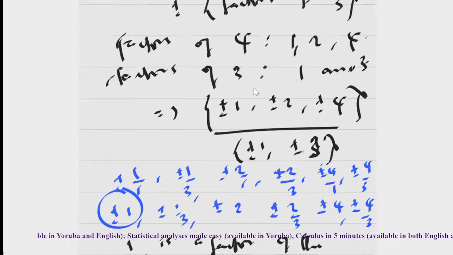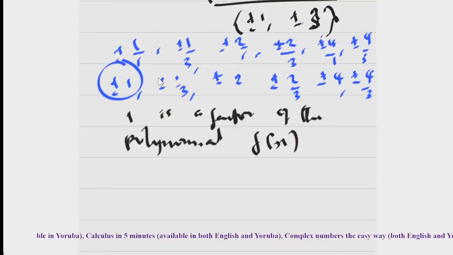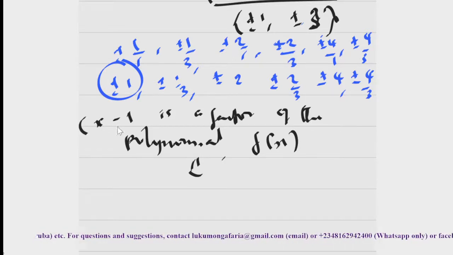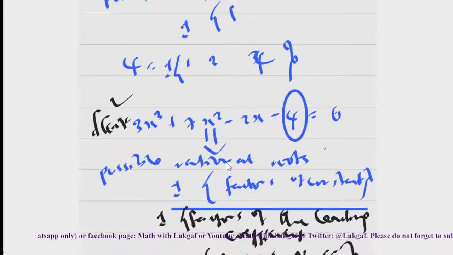When you say something is a factor of f of s, you can say s minus 1 is a factor of this if f of 1 is equal to 0. I hope you understand now. So you put the value of 1 here and if you have it to be 0, then you are going to have a factor.